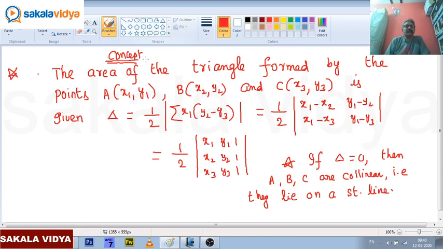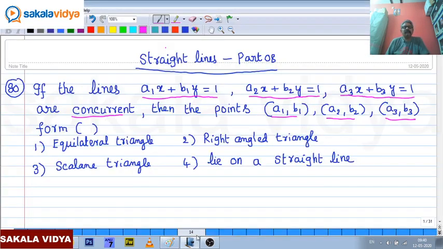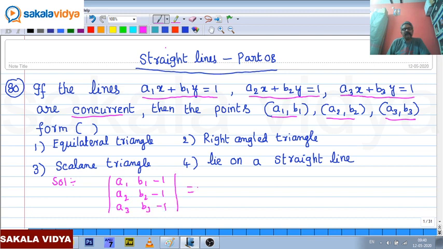So now with the help of this concept, this problem can be solved. Solution. Since these three lines are concurrent, we can write det of A1 B1 minus 1, A2 B2 minus 1, A3 B3 minus 1 equals to 0. Take minus 1 common from C1 and C2 and C3.